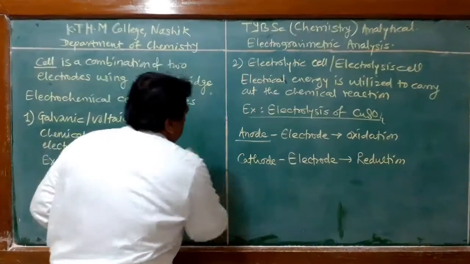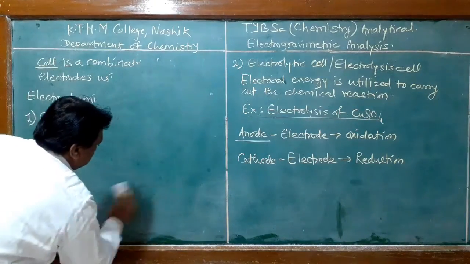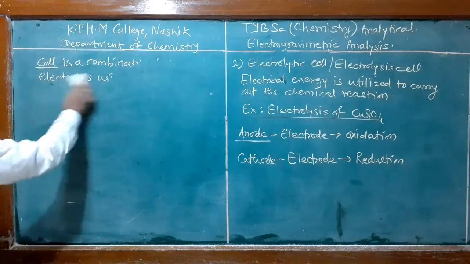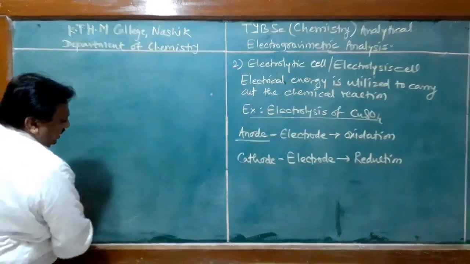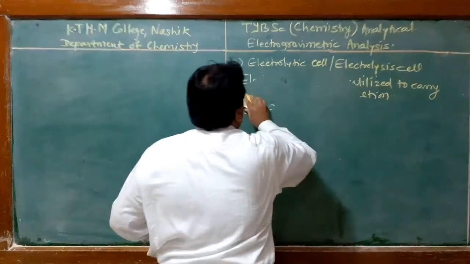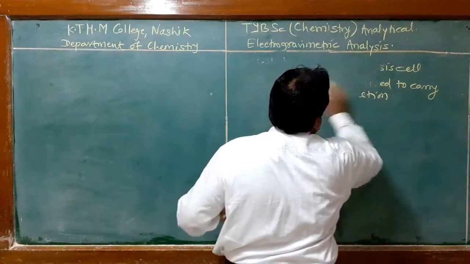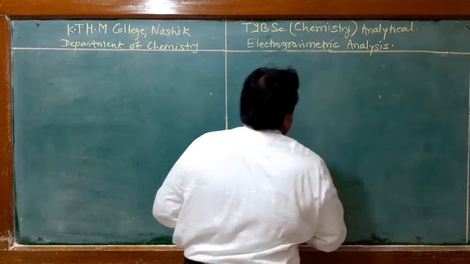Students, now we discuss the working of the galvanic cell or voltaic cell with the example of this Daniell cell. Therefore, the Daniell cell is an example of a voltaic cell, and it is represented like this.